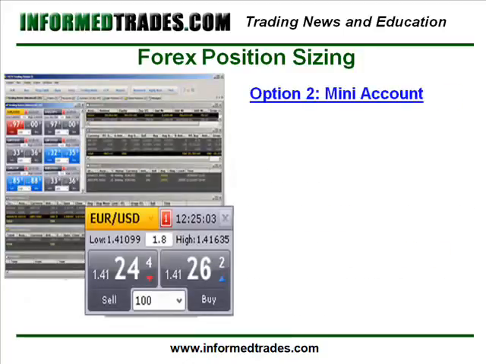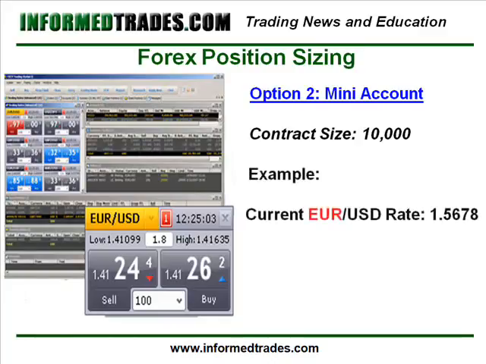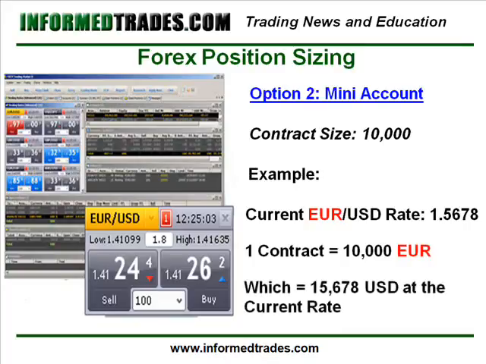The second option is something which is known as a mini account. A mini account trades mini contract sizes, which are 1/10 the size of the standard contract size, or 10,000 of the base currency. So using the example we just used, if we were trading Euro US dollar with the current rate at 156.78, then the minimum you could trade on a mini account would be 10,000 euros against 15,678 US dollars.